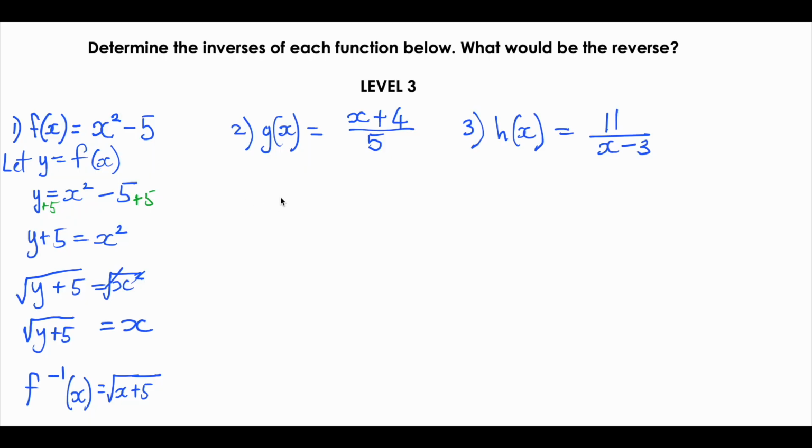Alright. Now, this one here now, we do the same concept. Let y equal g of x. So then now we could say y is equal to x plus 4 over 5.